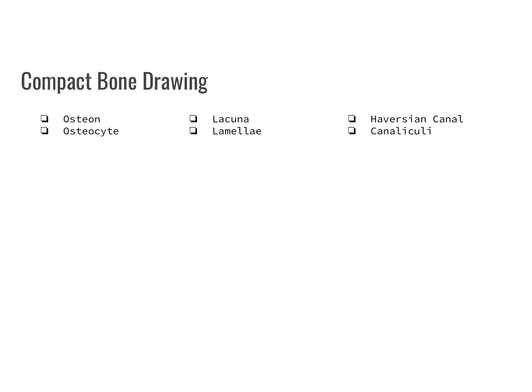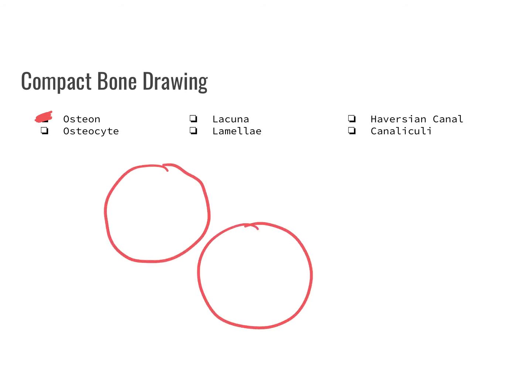So we're going to draw an image of a compact bone drawing. So start by picking a color for your osteon. I'm just going to do this red color. And I'm going to do 1, 2, 3 osteons. Okay, so each one of those is an osteon.